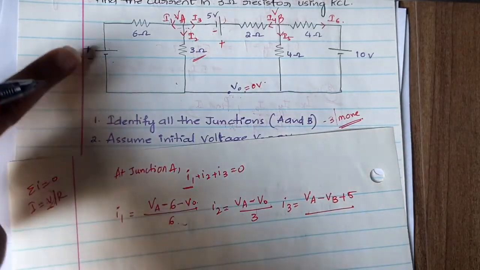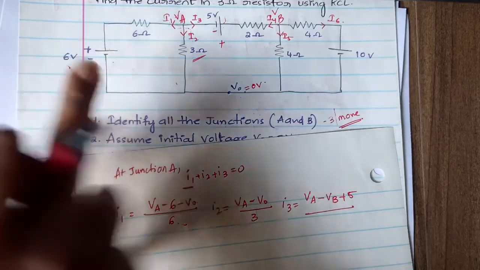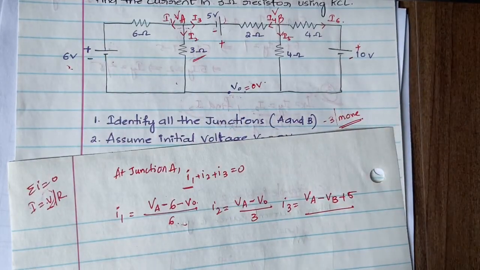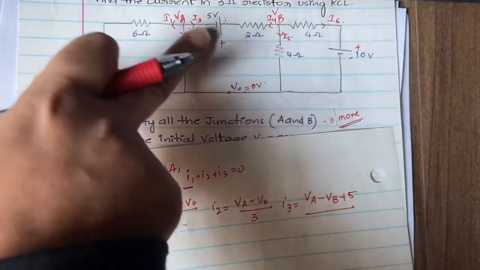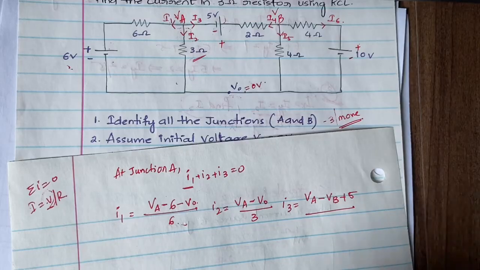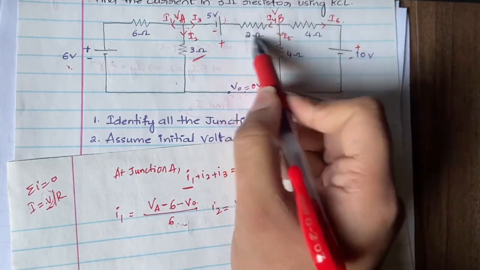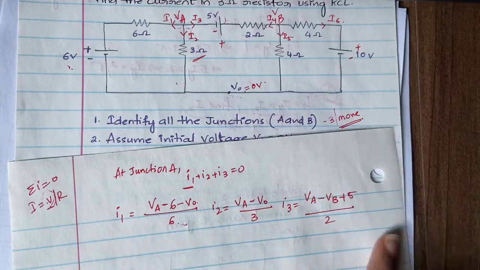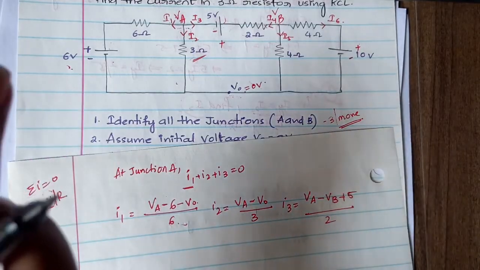Since here it is going from negative to positive, you will be taking it as plus 5. Okay, and next, what is the resistance associated with I3? 2 ohms, divided by 2. So this is the equation that you have formed at junction A.